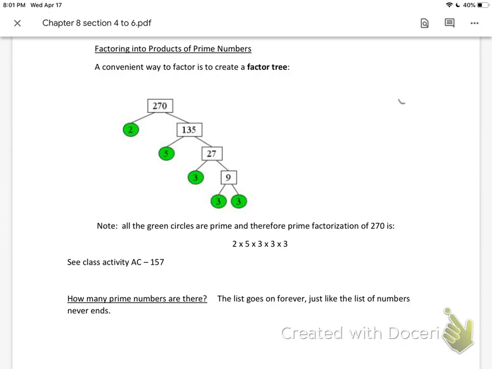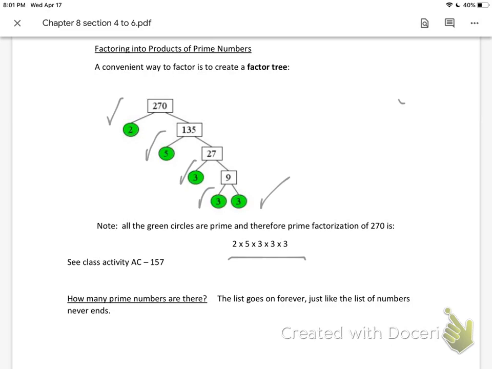So I say that, note, all the green circles are prime, and therefore the prime factorization of 270 is 2 times 5 times 3 times 3 times 3. If you check this in your calculator and you multiply those 5 terms together, you will indeed get 270 back.